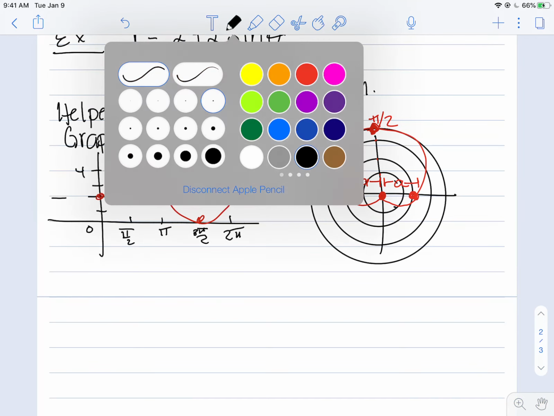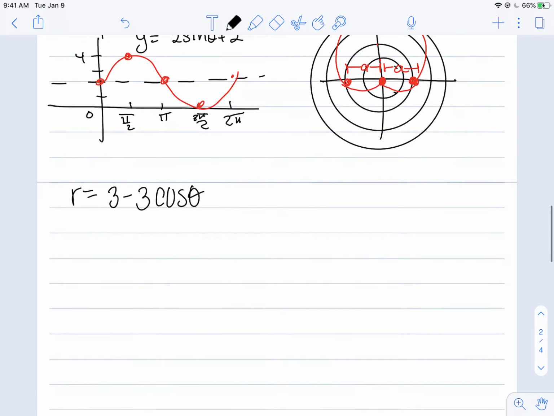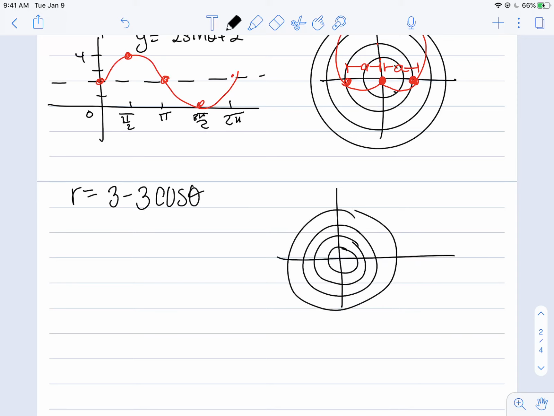Okay, let's try another example. Let's do one with a minus and with a cosine: r equals 3 minus 3 cosine theta. I can probably do this without a helper graph now that I kind of know how this goes. I'm going to need at least 6 rings.